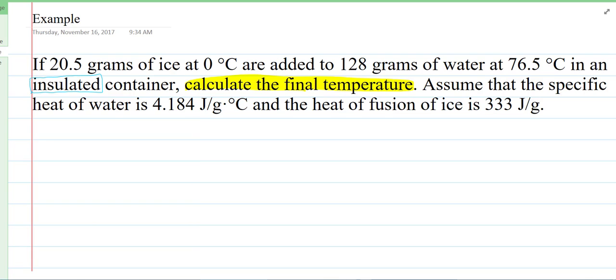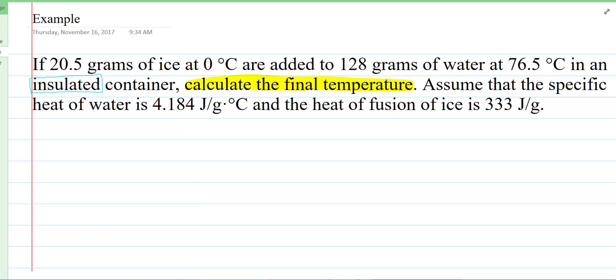In this case, our insulated container is like a really nice cooler, like a Yeti or Orca, that will keep ice for a few days in heat. That's what we're talking about. In our chemistry land, we assume zero heat transfer, which is really nice. So we assume no heat's gained or lost.